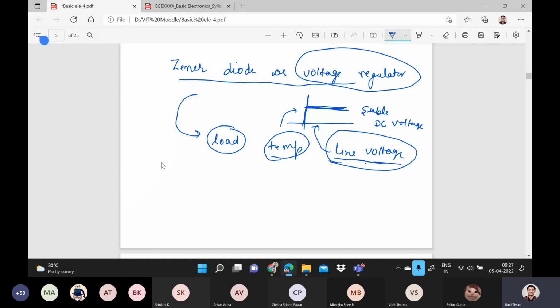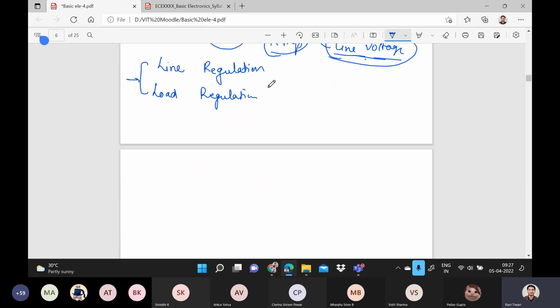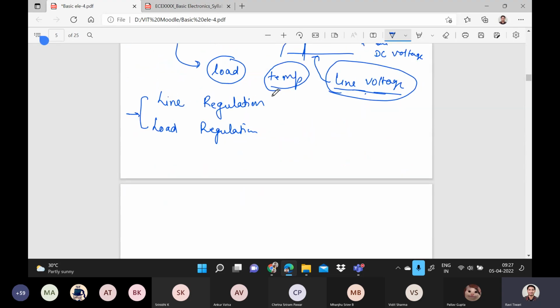Now, in our syllabus, we have line regulation and load regulation. Two types of things we have to understand from the Zener diode as a voltage regulator. So what is the meaning of line regulation? Line means what? An input line.